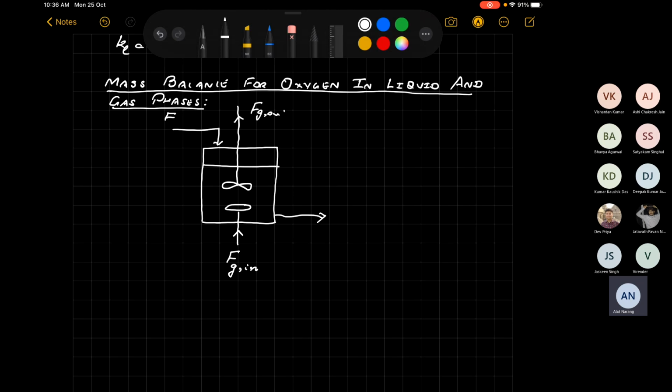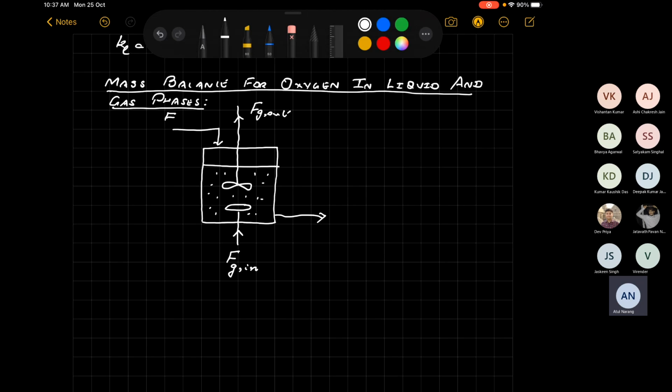The reason why I have different notations for in and out is that there is no guarantee that the gas flow rate in is equal to the gas flow rate out. Well, the reason is that the cells that are living inside the reactor frequently produce more carbon dioxide than they take up oxygen. In other words, the moles of CO2 produced can be 2, 3, 4 times the number of moles of oxygen they consume, especially if they are in the fermentative mode, right?